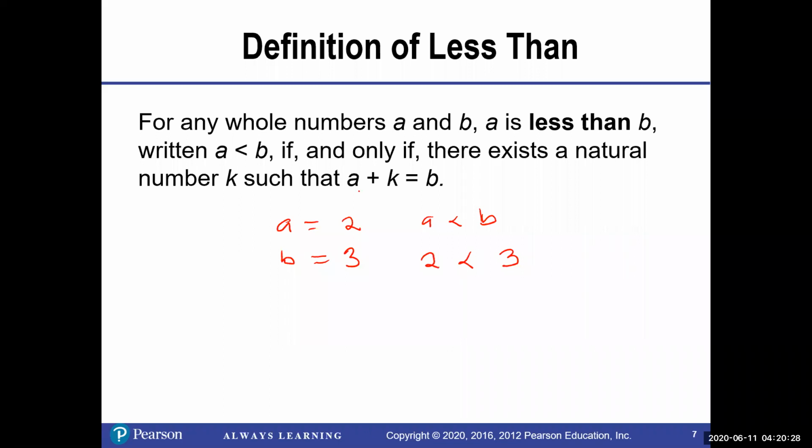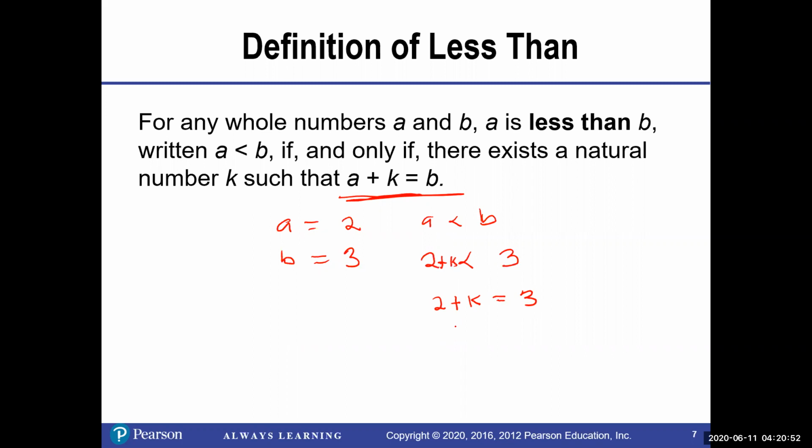Now, what this means is that if I say A is less than B, or 2 is less than 3, that means there's a certain number that must be added to 2 to give me 3. Okay, so there's a certain number, which I don't know, K, that must be added to give me 3. Is that okay?